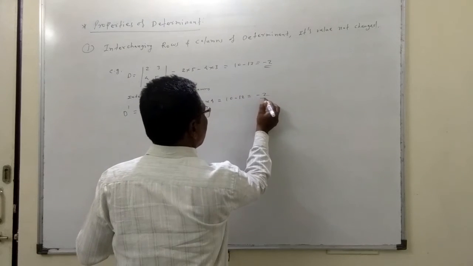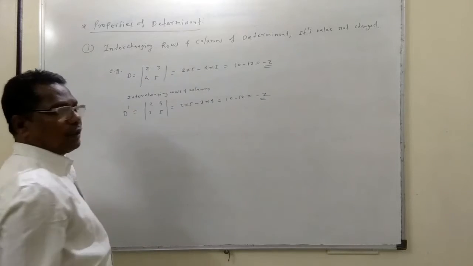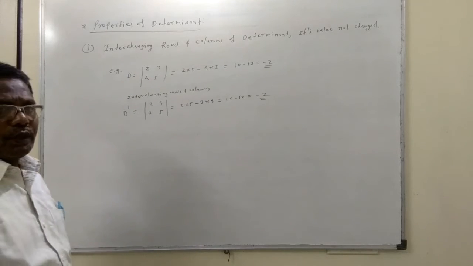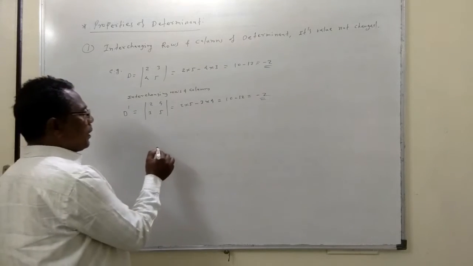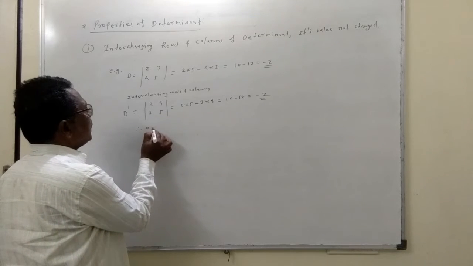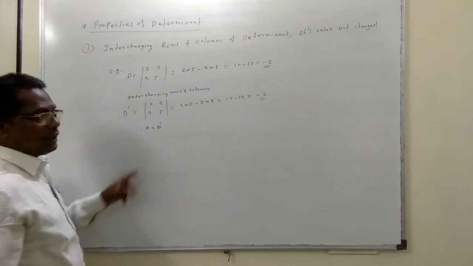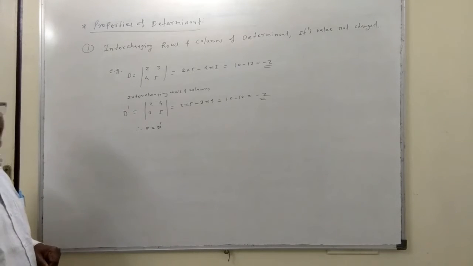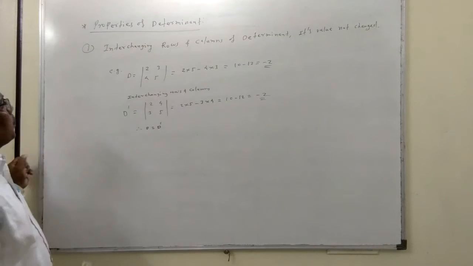So the value of the given determinant and the value of the determinant obtained by interchanging rows and columns come out the same. Therefore D is equal to D dash. This is the verification of the first property.